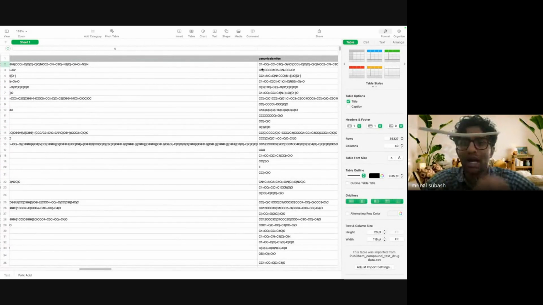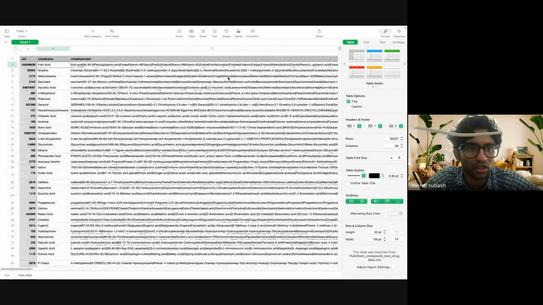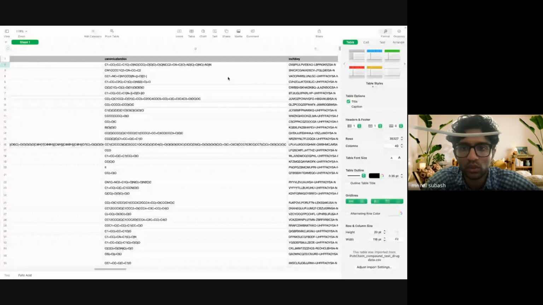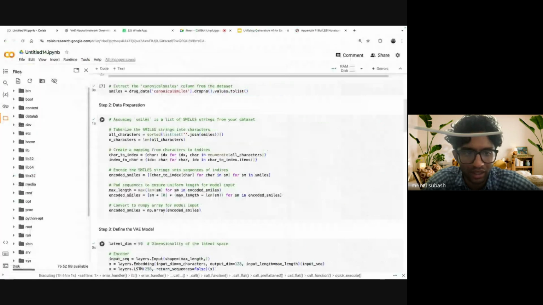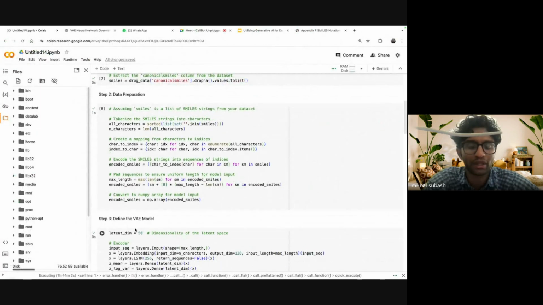Now, I am passing these canonical smiles, which is the linear representation of that particular compound, and feeding it into our variational autoencoder. The variational autoencoder, like I said, has an encoder and a decoder architecture.